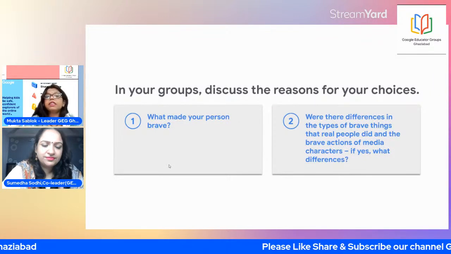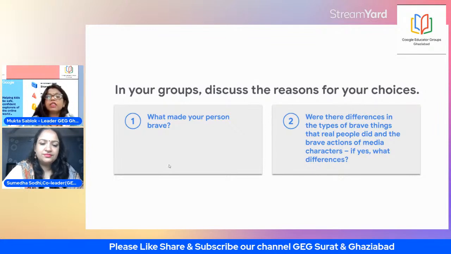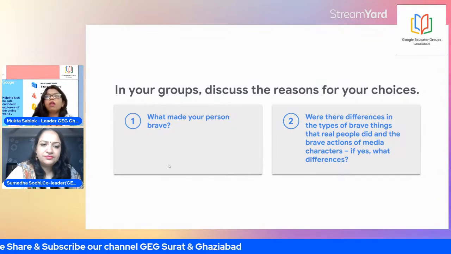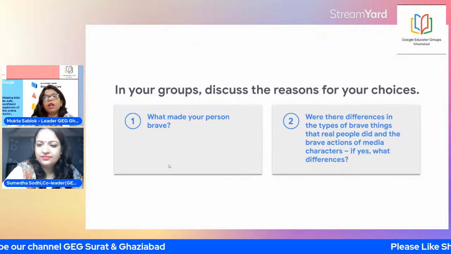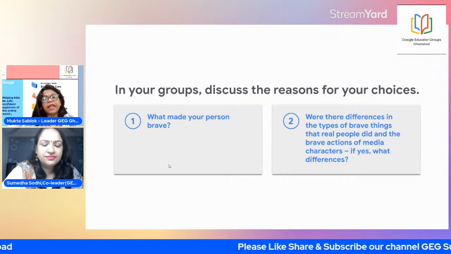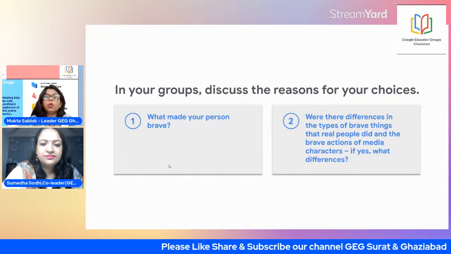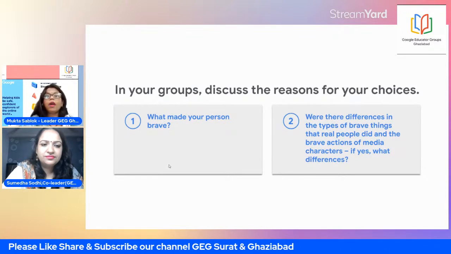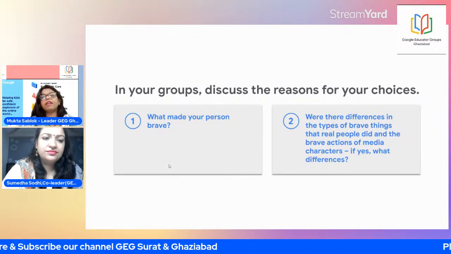In your groups, discuss the reasons for your choices. Whatever the child has selected, whether a person from history or someone else, they have taken that. So now you have named a person, saying that this person, I think, is brave. Now what made that person brave?